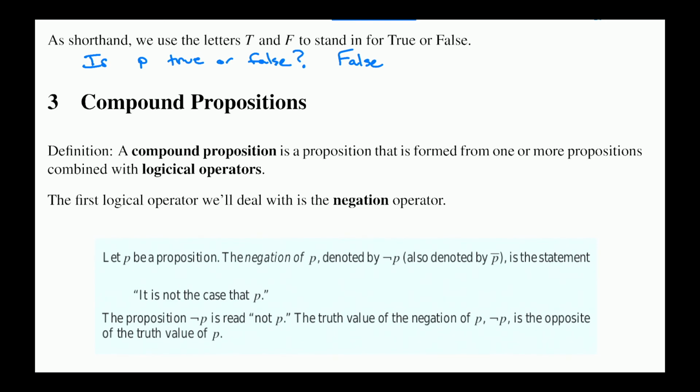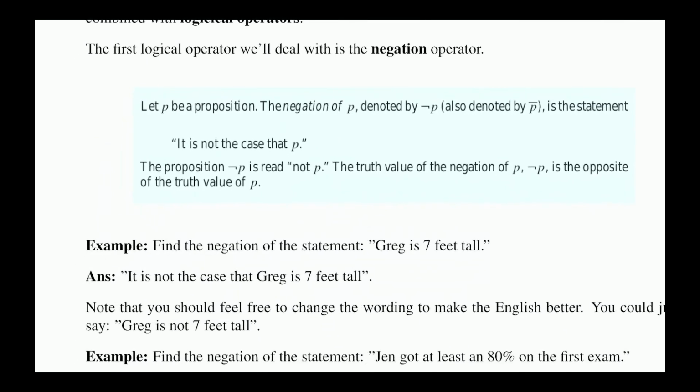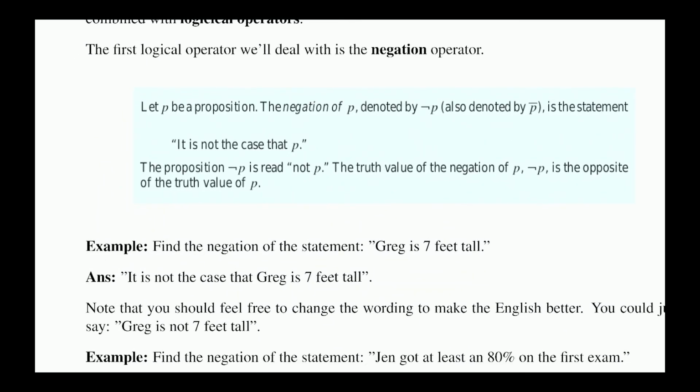Our first logical operator is going to be negation. Negation is literally what it says it is. What you want to notice first is the notation. The negation of P, we're going to use this symbol right here. Not P is how we'll typically say it.